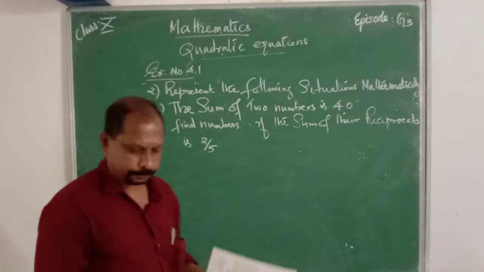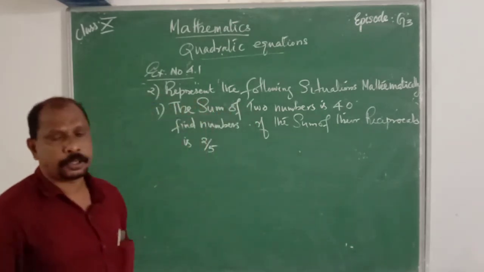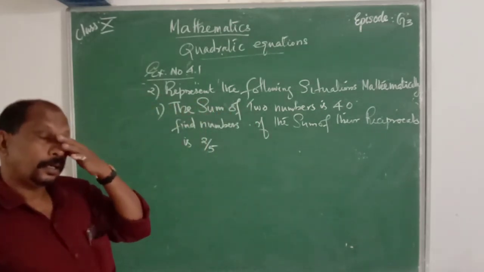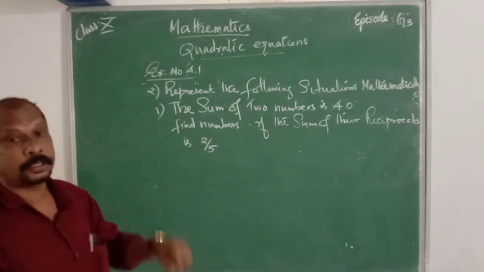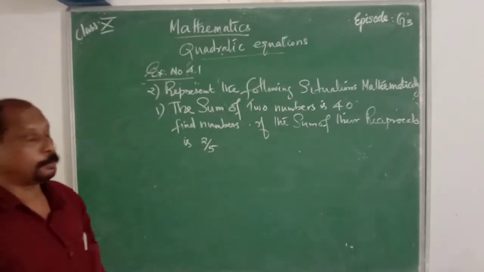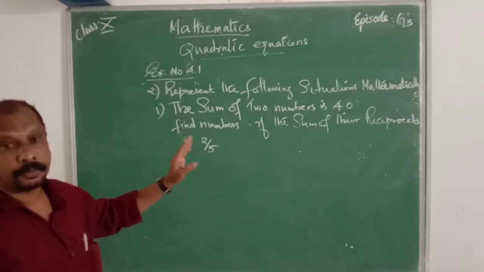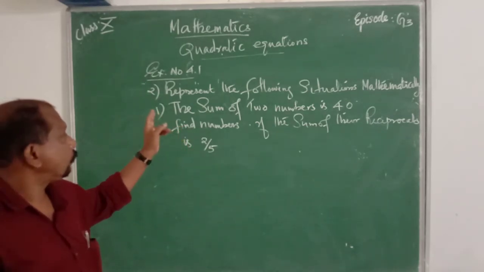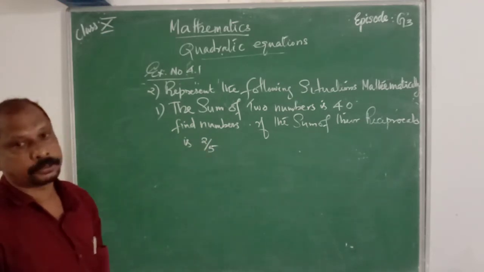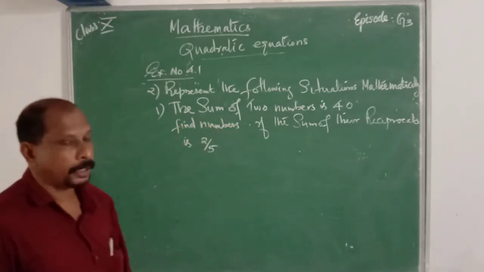This is the question. That means there are two numbers. The sum of these two numbers is 40 and the sum of the reciprocals is 2/5. We can represent the given statements mathematically.